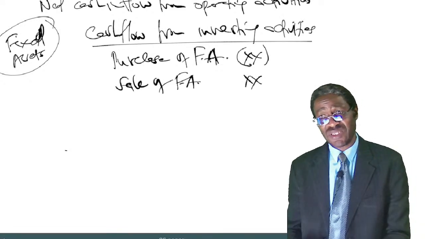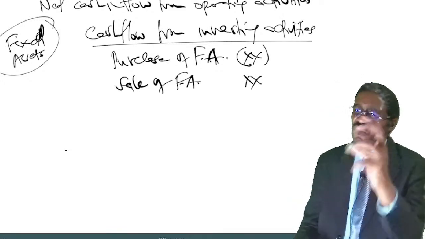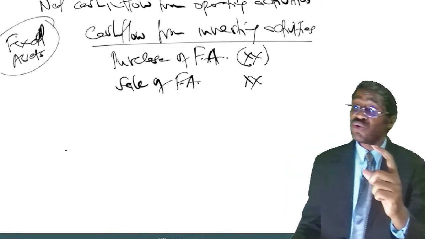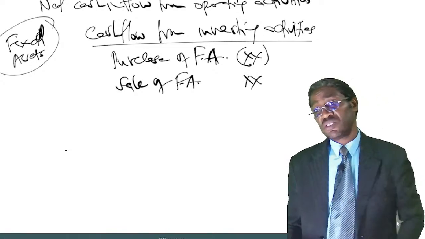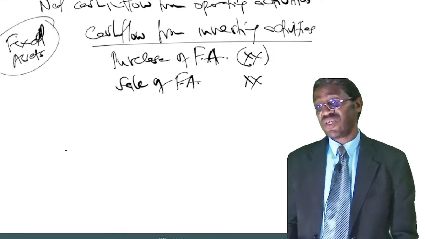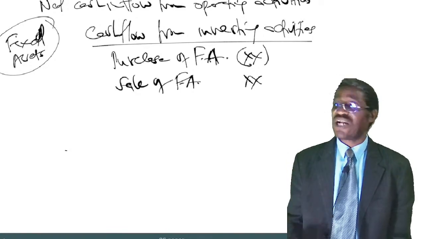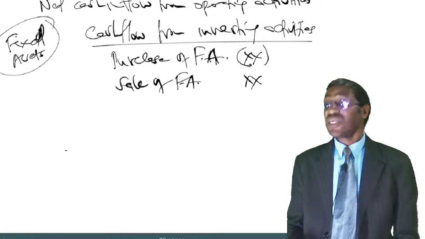Good. Now listen, among your fixed assets in the balance sheet, you as a company could have an investment. Long-term investments are normally classified in the balance sheet as a fixed asset.